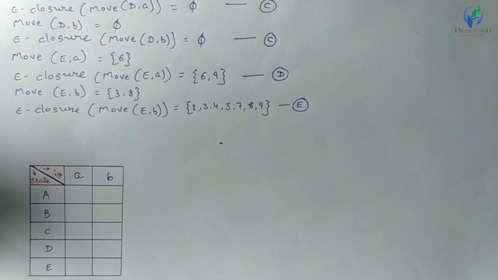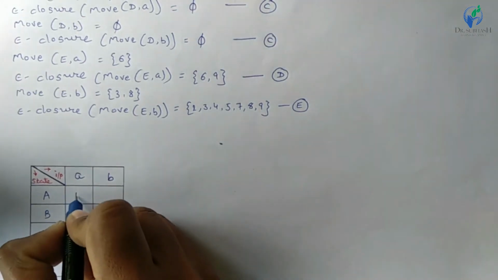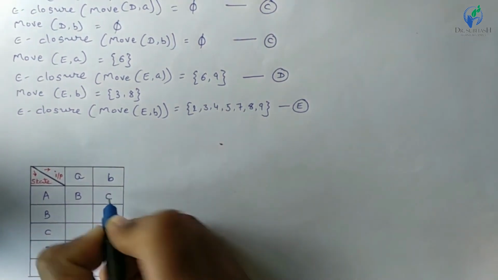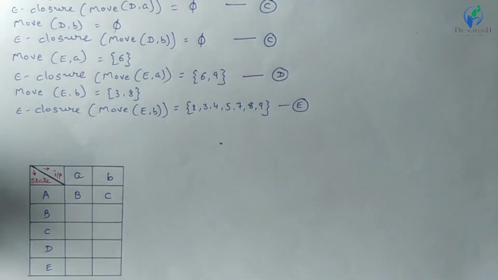From state A, input A, the next state is B. State A, input B, the next state is C.